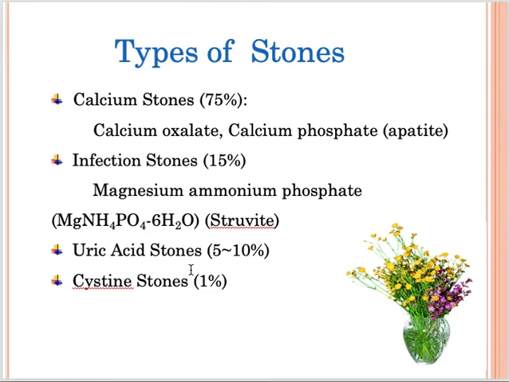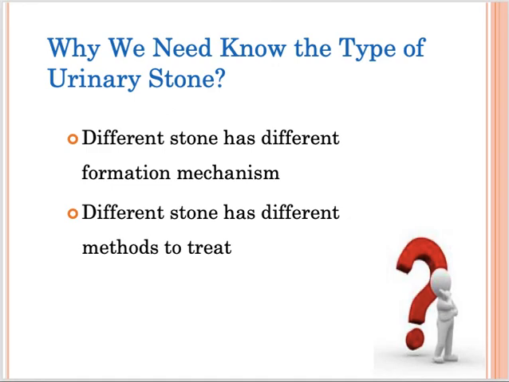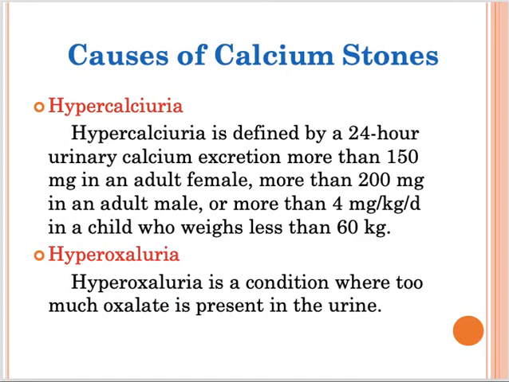So how are they formed, what is the reason for their formation, why do they form? You can see over here there are multiple causes. One of the causes is hypercalciuria, which can be due to hyperparathyroidism or sarcoidosis, or overabsorption of calcium, idiopathic overabsorption you can say.